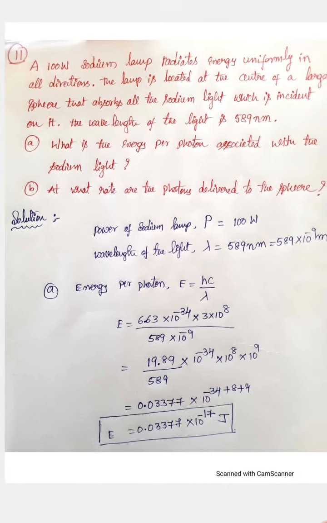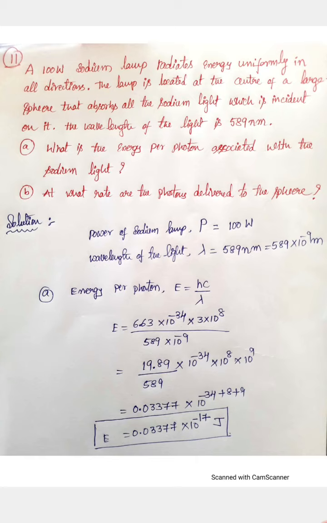You will get around 0.03377 into 10 to the power minus 34 plus 8 plus 9. Calculate the power and you will get 10 to the power minus 17. This is the energy per photon: energy is equal to 0.03377 into 10 to the power minus 17 joule.